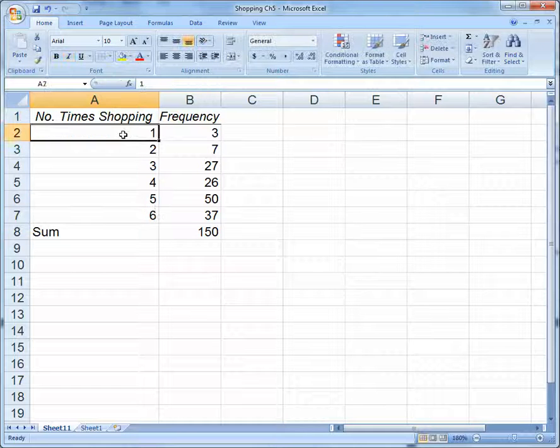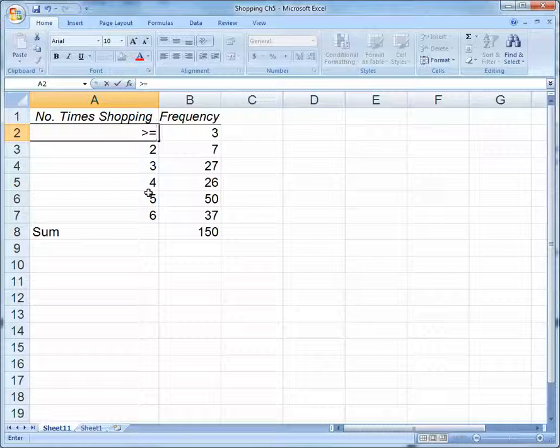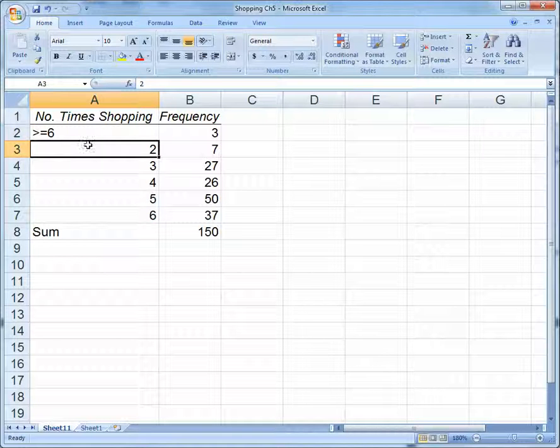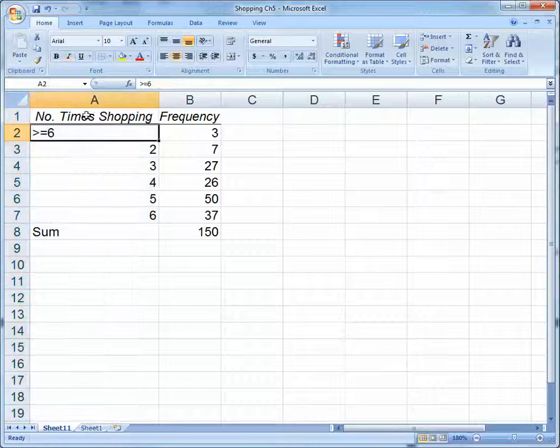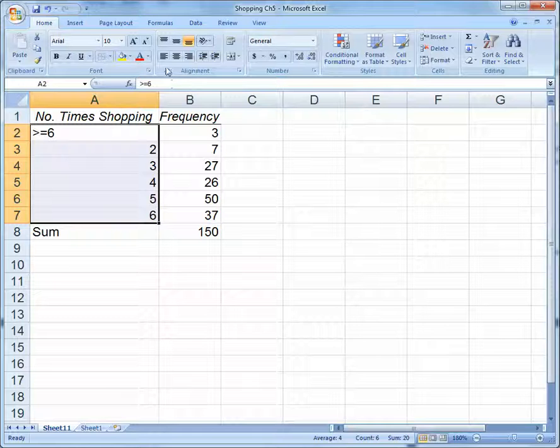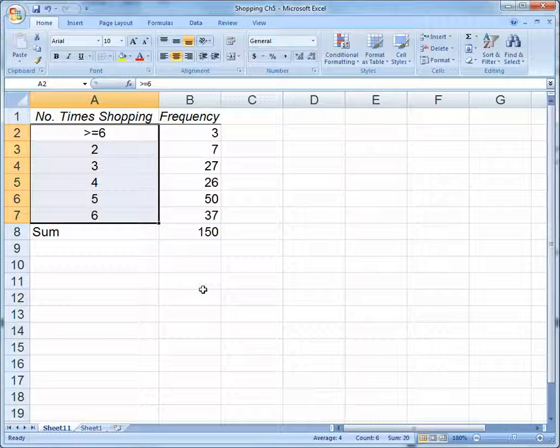And now what do these things represent? Well, I have to check my book, and the first one is 6 or more times per month. That's how many times category 1 people go to the mall. So that was 6 or more, greater than or equal to 6. And I'll just clean things up a little bit.